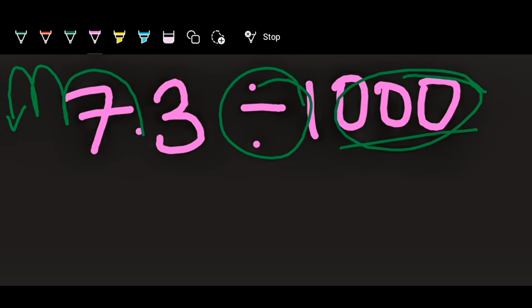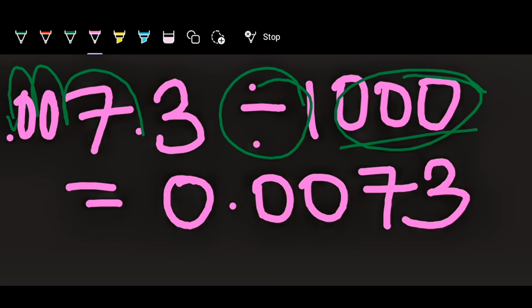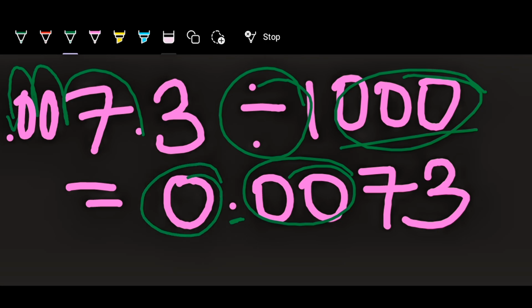And we would just add our zeros here, and our point there. So our new answer would be 0.0073. We put our leading zero there. So we agree?